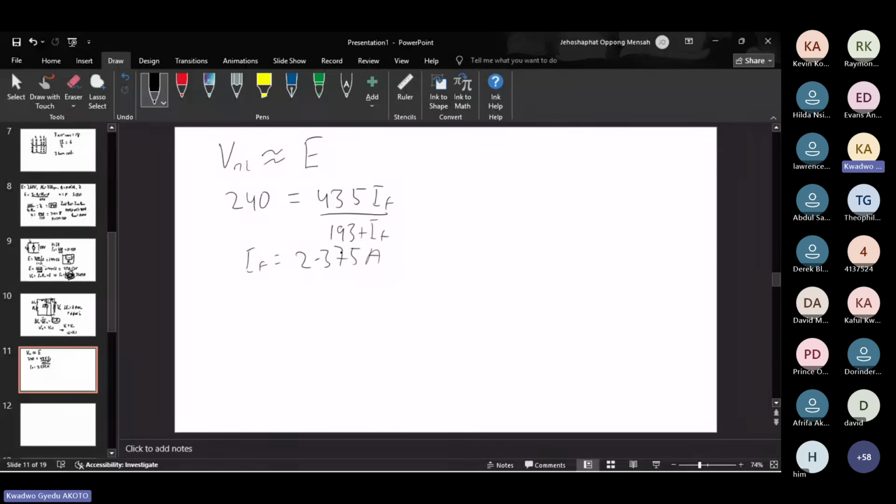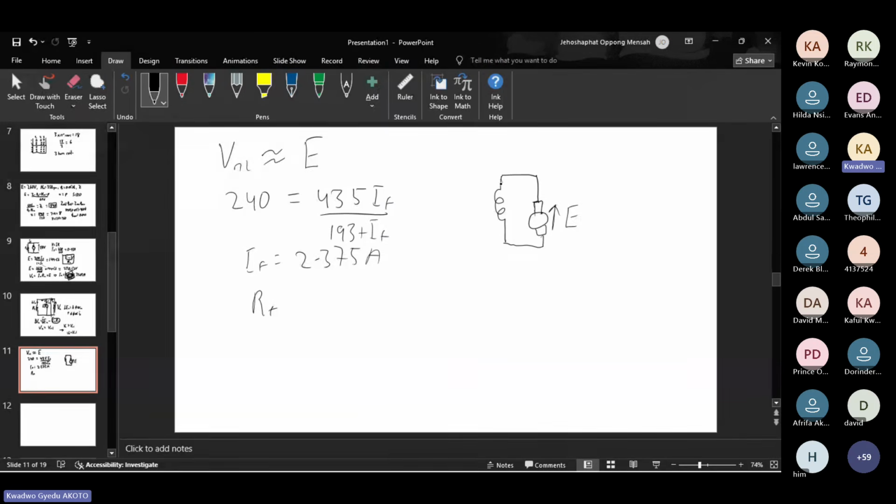So we can use our no load IF and our no load voltage to find our RF. Keep in mind, our RF is going to be constant despite our load, right? Because on no load, our shunt generator looks like this, right? And we have our E here, which is equal to our no load voltage.